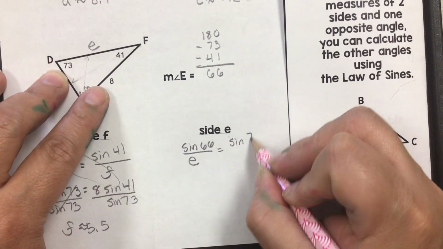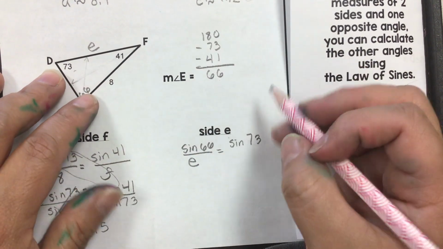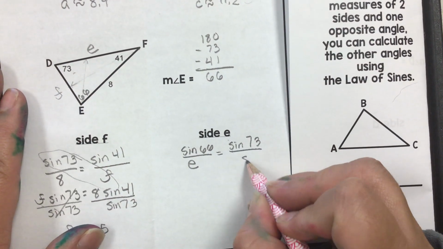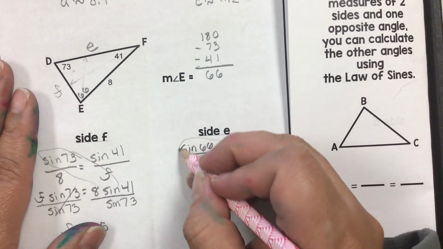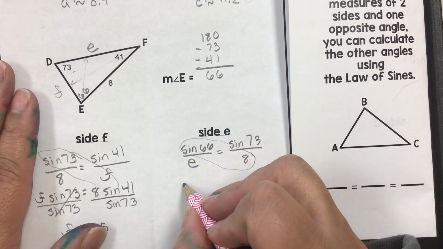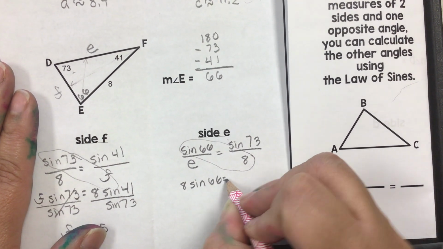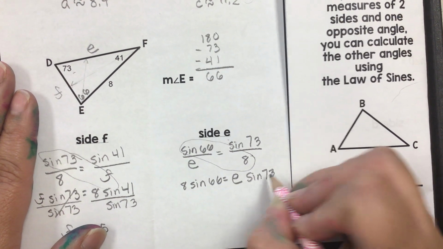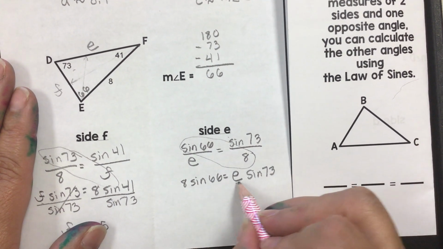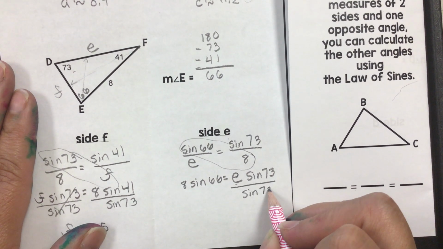Sine of 73, don't forget the angle is the one that goes with that trig function, divided by the side opposite. We're going to cross multiply. I have 8 sine of 66 is equal to E sine of 73. E is what you're looking for, so we've got to divide by sine of 73 on both sides.